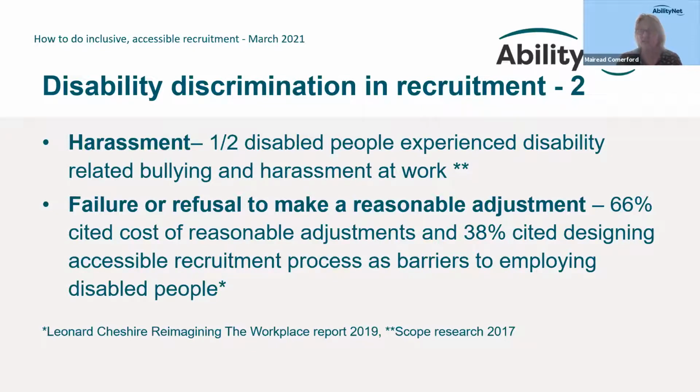At AbilityNet, we regularly use the government's Access to Work scheme, which is really good. It covers the cost of assistive technology that needs to be put in place. It could be something like software for dyslexia, or it could be someone who has a mental illness and needs some support through that. So I would recommend everybody looking into that.